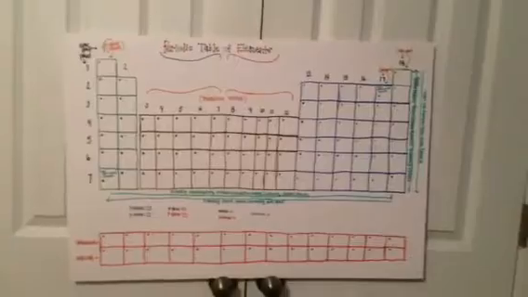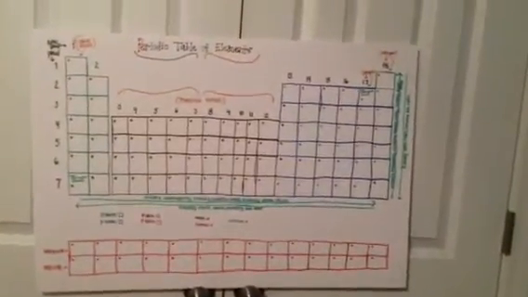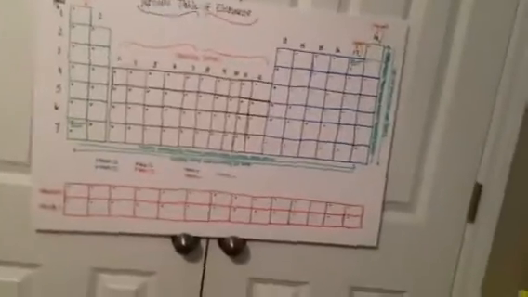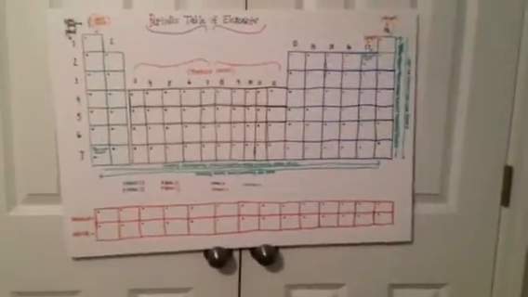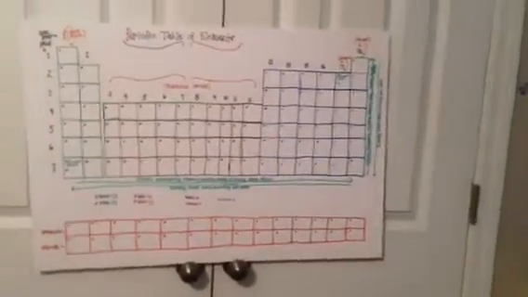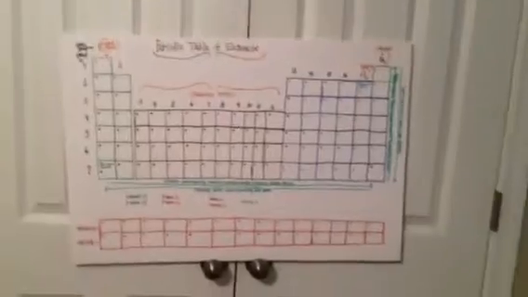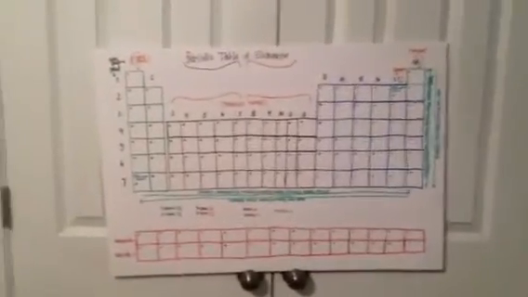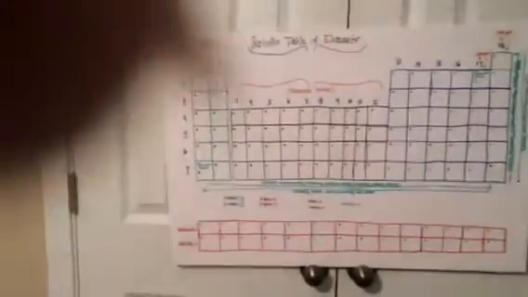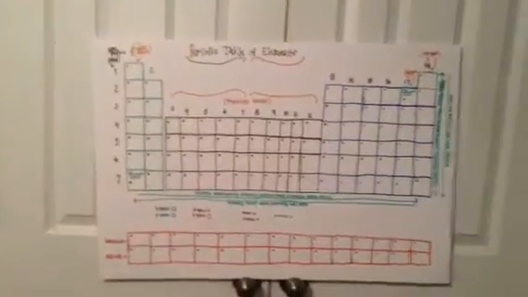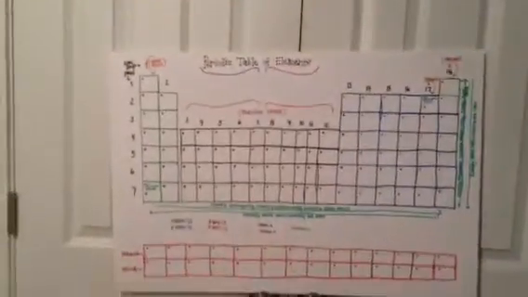They're poor conductors of heat and electricity, and they tend to gain electrons in chemical reactions. Metalloids adapt properties of both metals and nonmetals depending on where they are in the locate.